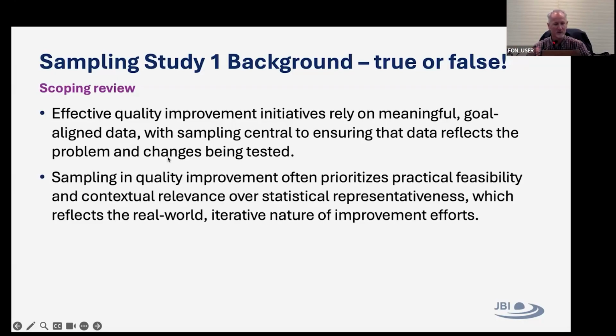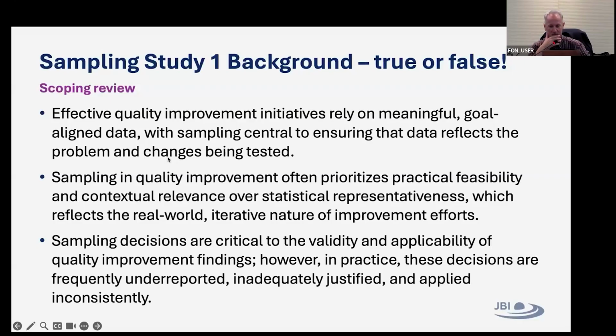What about this? Sampling in quality improvement often prioritizes practical or pragmatic feasibility and contextual relevance over and above statistical validity, statistical representation. And this reflects the real-world iterative nature of improvement. Is good? Agree? Okay.